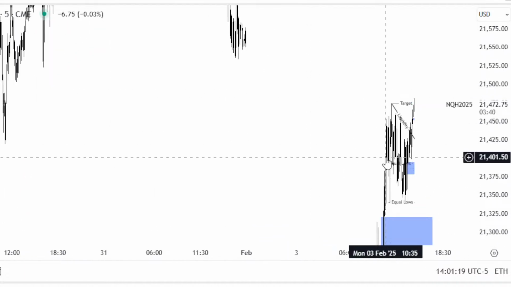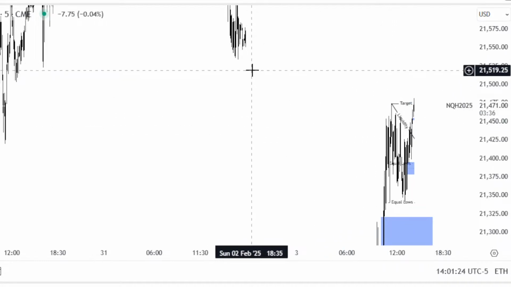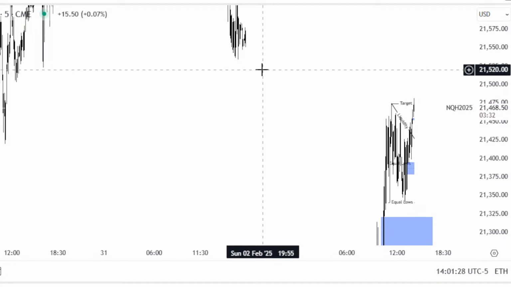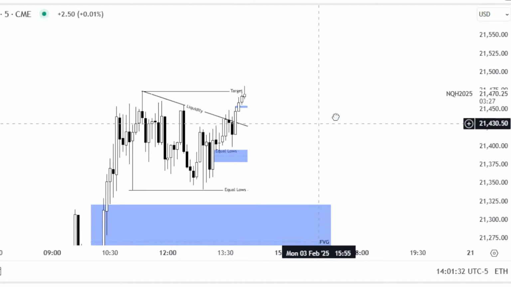Okay, so big gap here. So momentum could go and test this 520 level. Maybe.